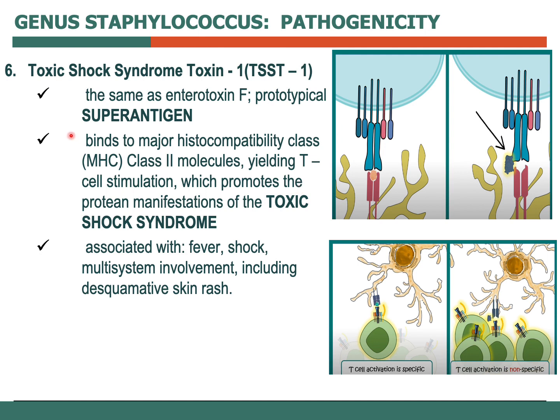So what happens with super antigen? Super antigen bypasses the process. So the microorganisms are not being recognized by your antigen presenting cell. Instead, the toxin or the super antigen binds laterally to the T cell groove and your MHC class 2, leading to T cell stimulation, and that T cell stimulation is unregulated or not specific.